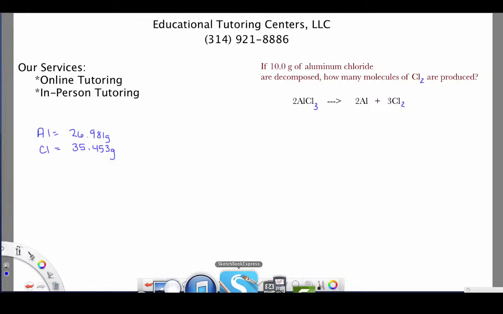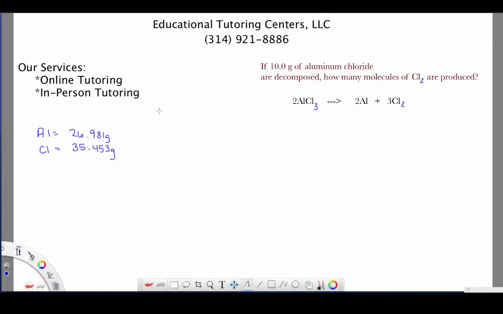And so here underneath we see the reaction, and there's a decomposition. We have here on the left side of our equation 2 moles of aluminum chloride, and it produces, when it decomposes, 2 moles of aluminum and 3 moles of chlorine.